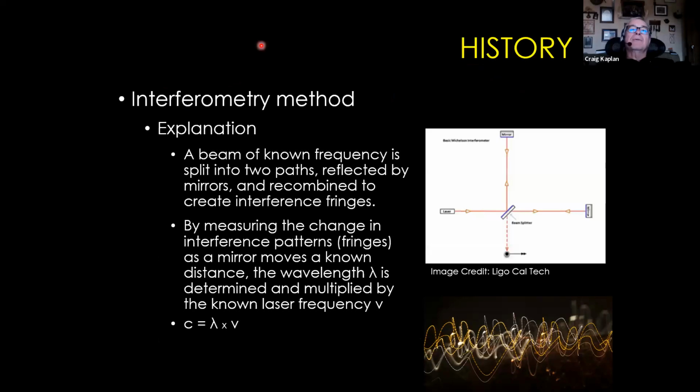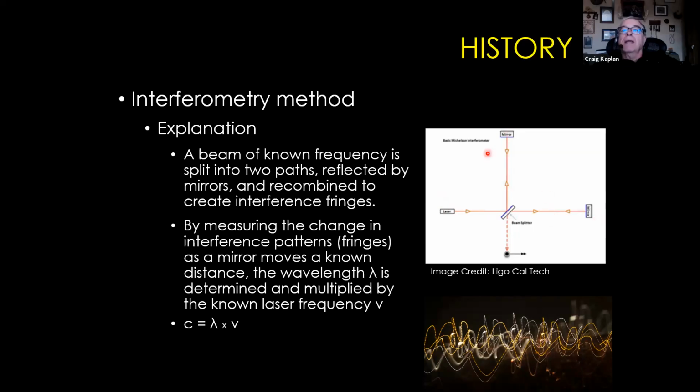All right, the final method for measuring the speed of light is called the interferometry method. An interferometer uses a point of light that is a laser. It has to be a coherent point of light. This light is split into two beams, one allowed to pass through to that mirror, another split and allowed to pass to that mirror.